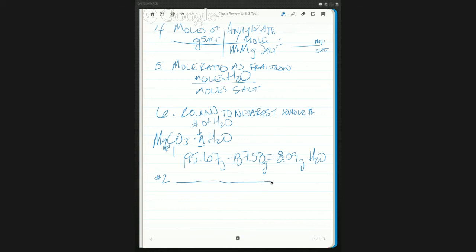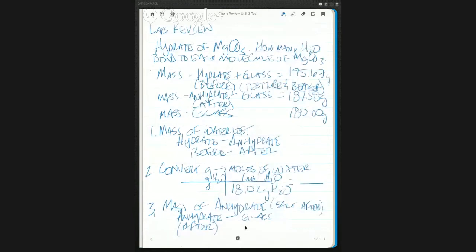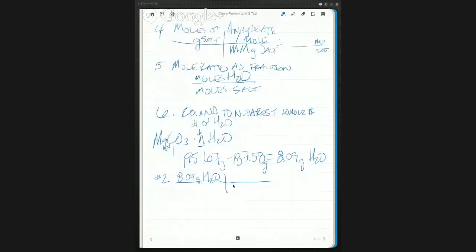Step 2, we're converting grams to moles. I set up my bridge with 8.09 grams of water. Looking back at step 2 on the other page, I put the 18.02 grams of water on the bottom, under 1 mole of water on top.